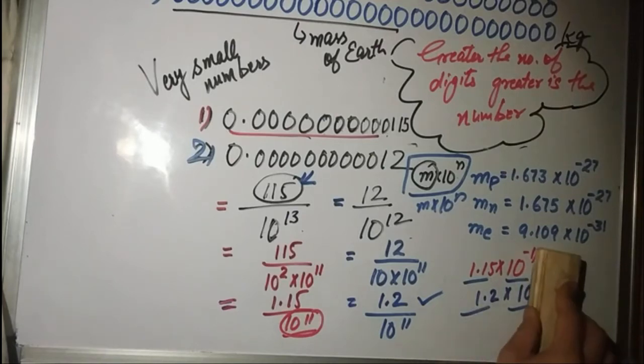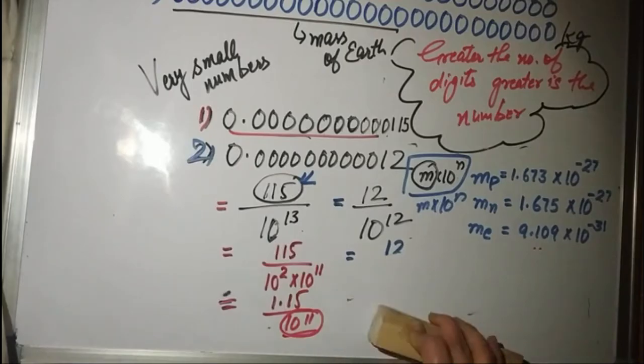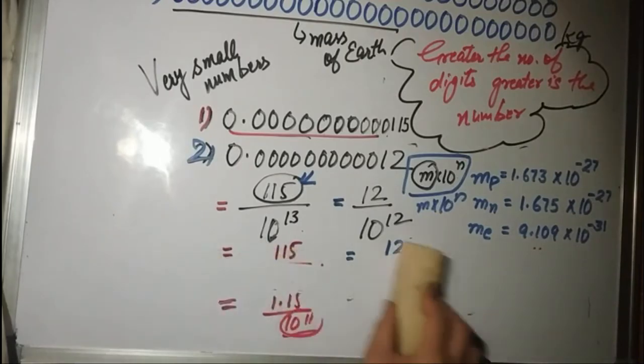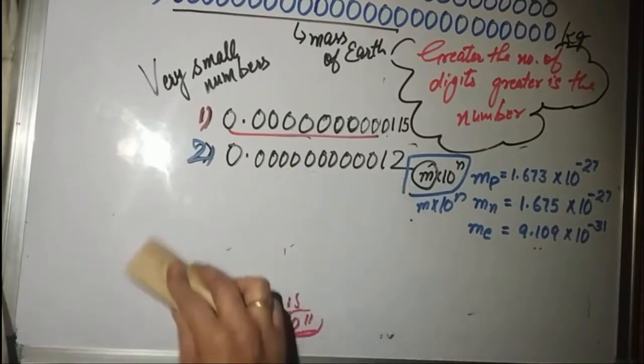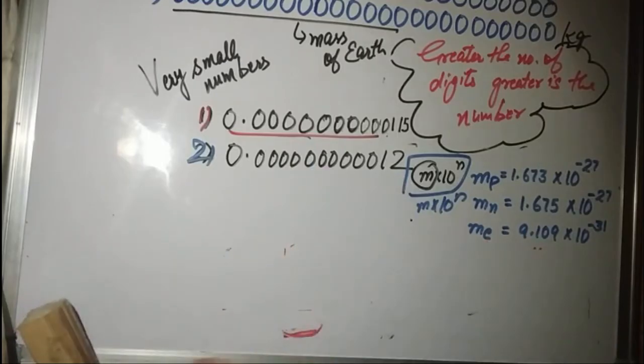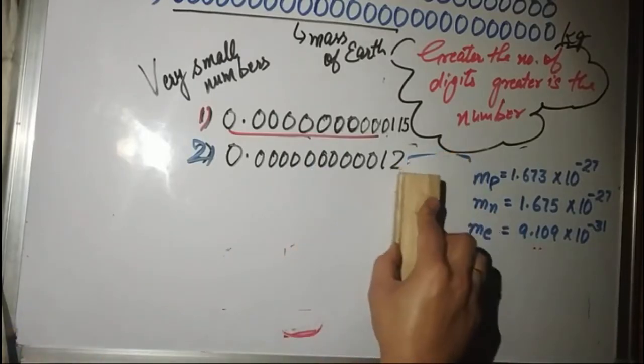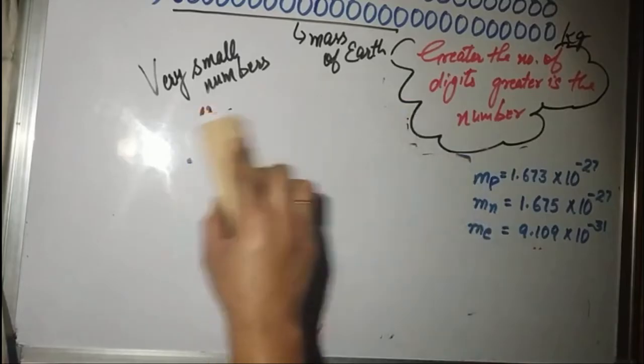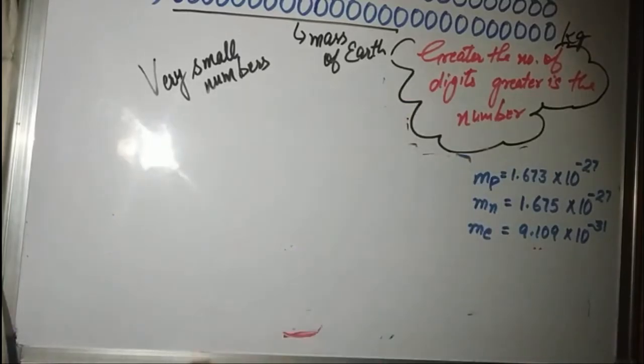If you see your physics or science books, please open them and just scroll through. You'll see many numbers, and you'll find them in this format only, m into 10 raised to power n. Here I have picked some numbers from your science books. This is MP, the mass of a proton. You must be aware of proton, neutron and electrons.